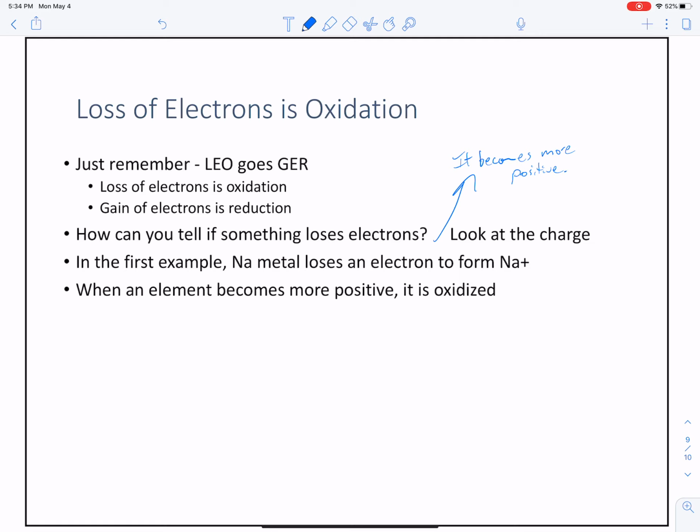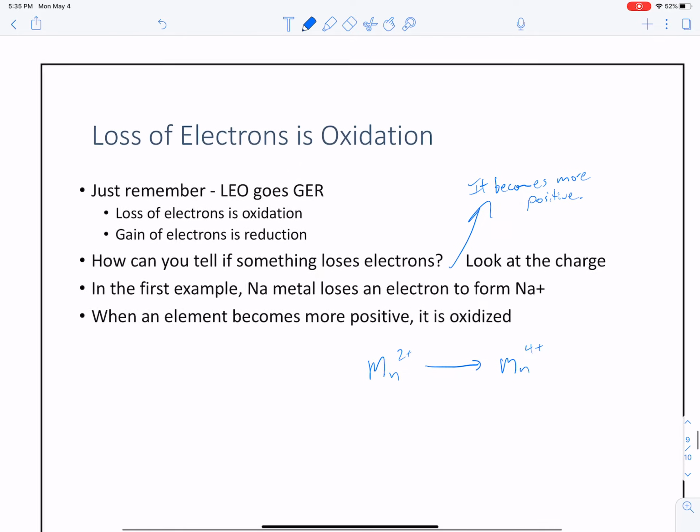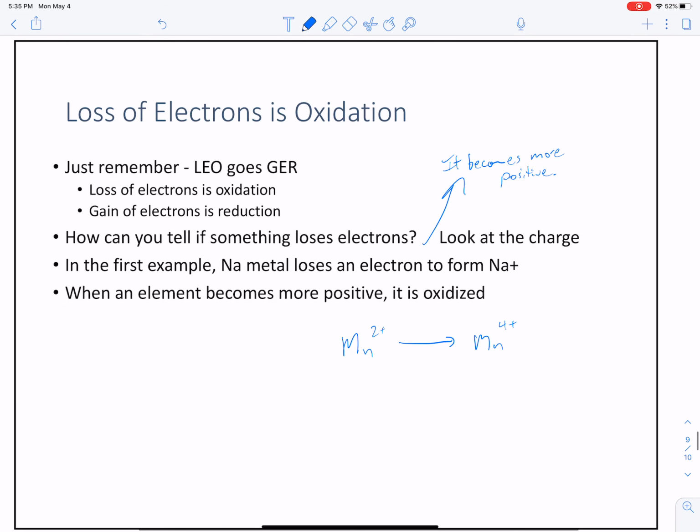For instance, you can do something like this, where you have Mn2 plus that becomes Mn4 plus. It didn't just become positive, it became more positive. As a result, we have lost electrons. Therefore, it is oxidized. If it gains electrons, then it becomes reduced.